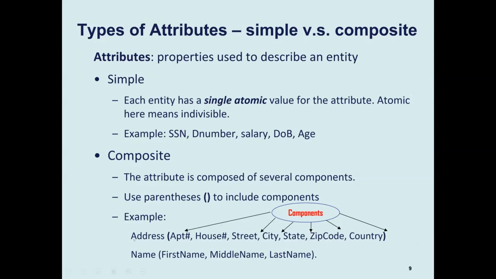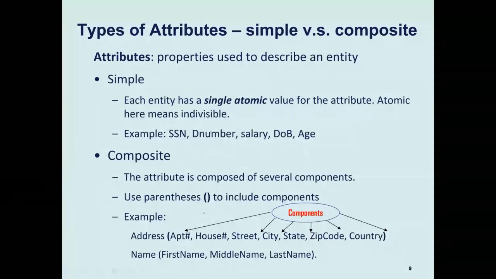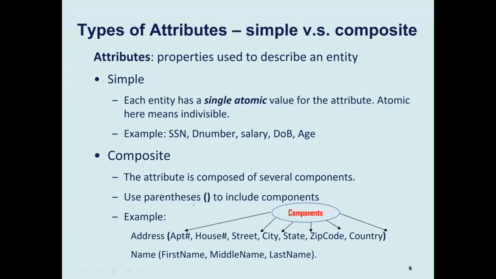So if we use address as a single attribute to represent the address of a person or of a business, then that single attribute address is called a composite attribute because it has several components. Similarly for the name, if name is an attribute, then name is considered composite because it contains multiple components. Usually in database design, we use parentheses to indicate the composite attribute.